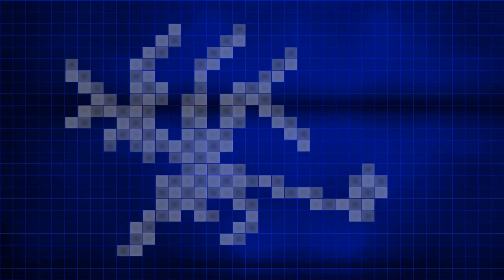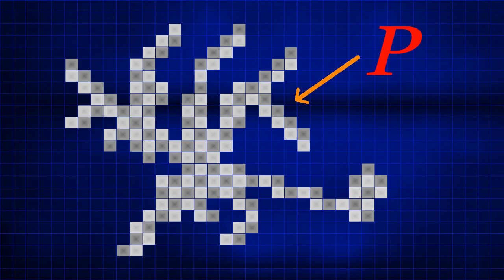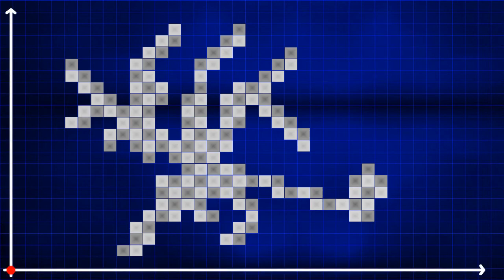And let us consider a lattice polygon P in this grid, such that P has at least one tiling. Now, let us create a coordinate system, such that our polygon P is inside its first quadrant.